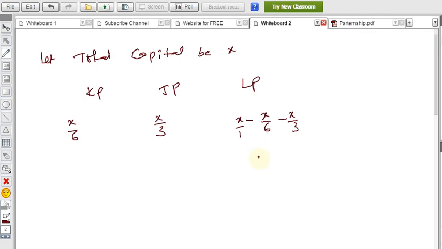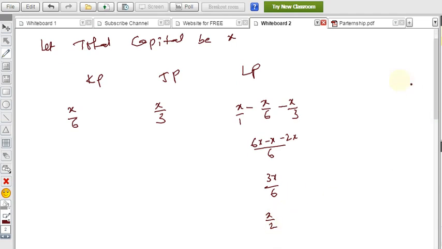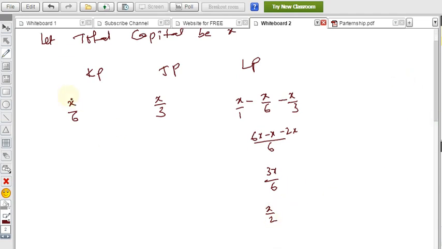If you take the LCM, 6x minus x minus 2x. 6x minus x is 5x, 5x minus 2x is 3x, 3x by 6 is x by 2. So x by 2 is LP's. So x by 6, x by 3 and x by 2 are the capitals now.